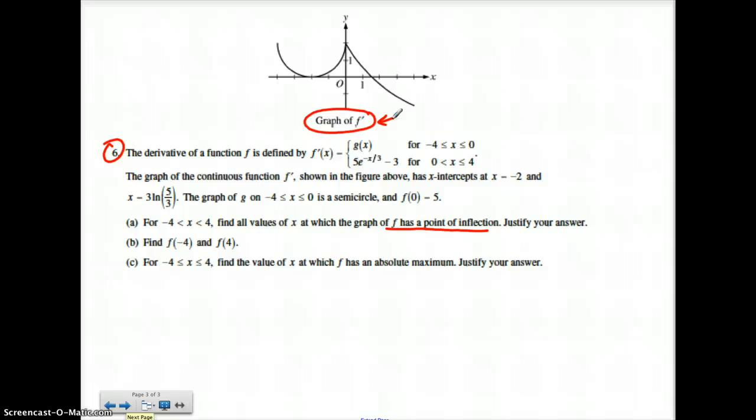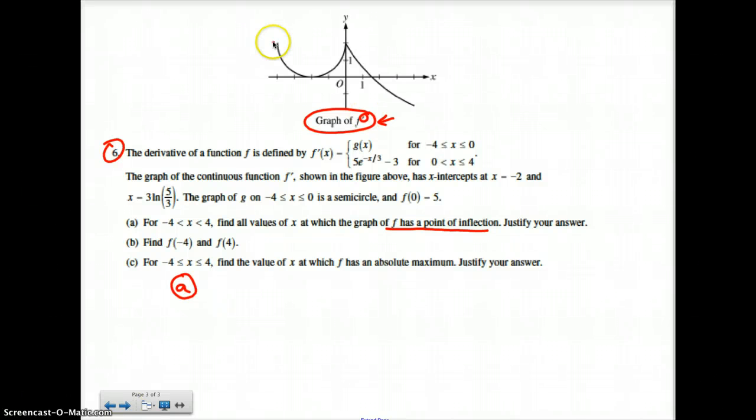So on the first question for part A, again, I'm looking for those inflection points. I want to know where the derivative graph goes from decreasing to increasing or increasing to decreasing, or equivalently where f double prime changes sign. So let's look at where this happens. Again, this is the graph of the derivative.